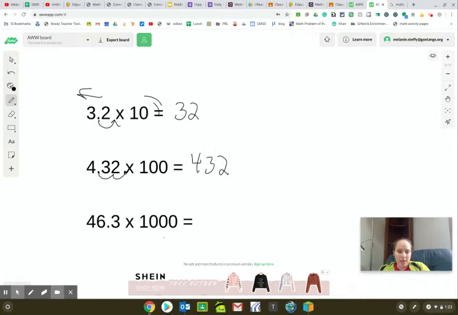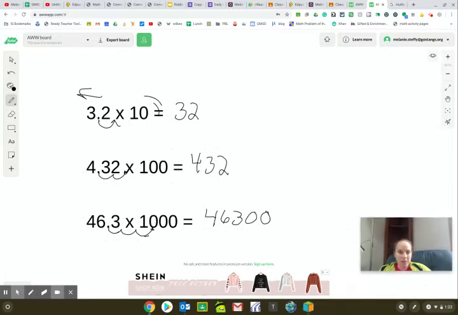And this last one here, times 1,000, well, my places are shifting 3 place values to the left, which means I need to move my decimal point 3 places to the right. Remember when we did this, we kind of drew little hops because at the end that told me how many zeros I needed to attach. So you'll see that when I get 1,000 times greater, I need to attach 2 zeros at the end here.